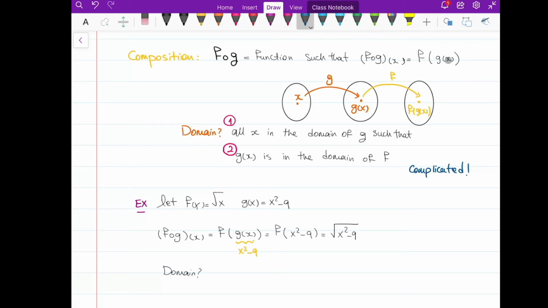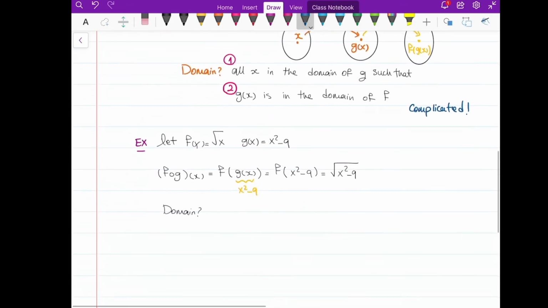First, you put x into g, so x should be in the domain of g such that g can act on it. First, we put x into the domain of g, and then g of x should be in the domain of f such that f can act on it. And the domain would be all the x's that have these two criteria.